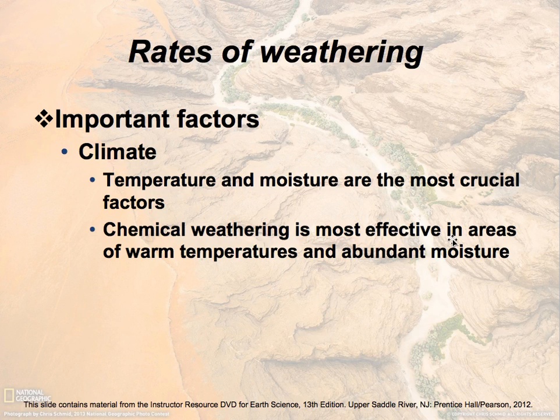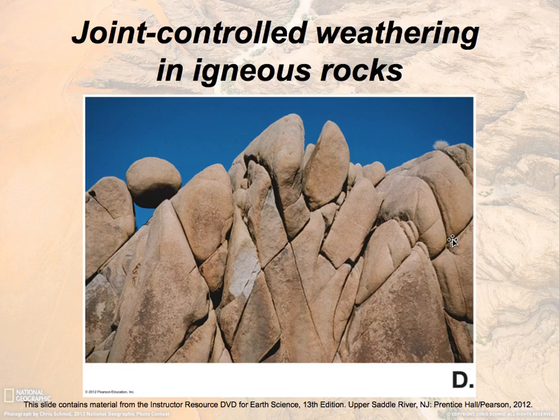Typically, when you have warm temperatures and lots of moisture, chemical weathering rates are high. When you have cold temperatures and abundant moisture, you have physical or mechanical weathering. And when you have low moisture, you typically have, no matter if it's hot or cold, mostly mechanical weathering. Moisture or water is really, really important for chemical weathering.